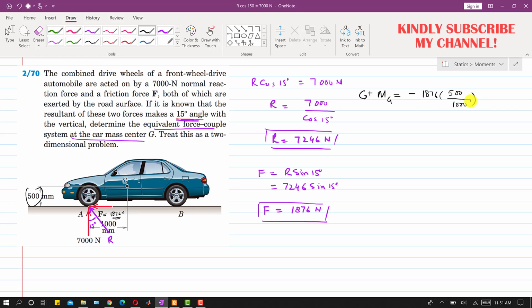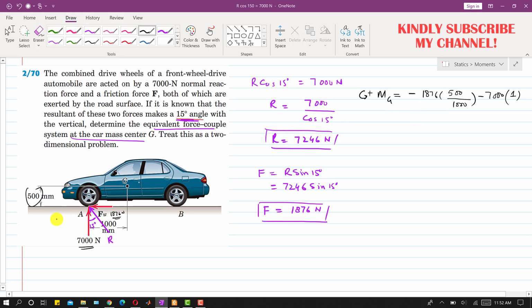Similarly, this 7000 Newton force is producing a moment about point G in the clockwise direction. So I will write minus, and that is 7000 into the perpendicular distance of this 7000 Newton force from point G, which is 1000 mm, so 1000 divided by 1000 is 1 meter.